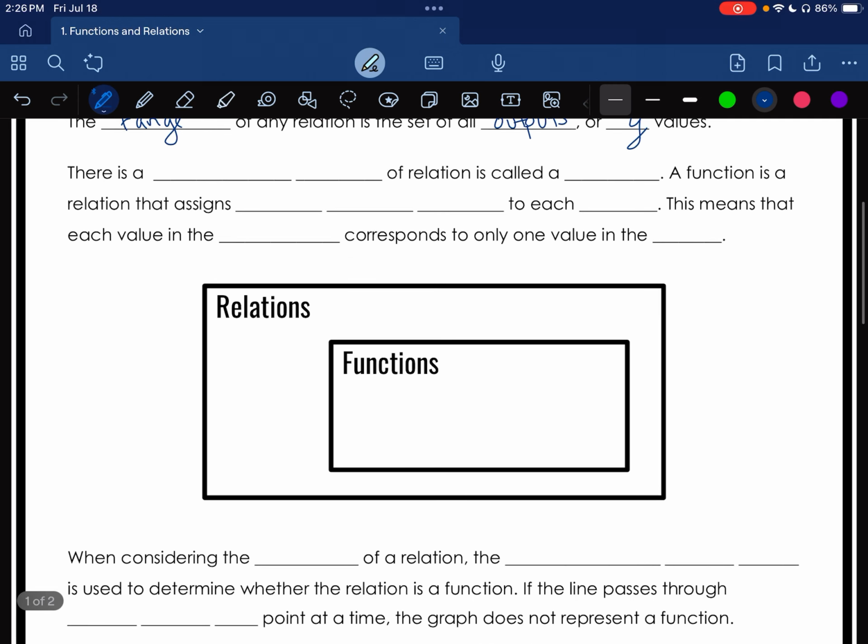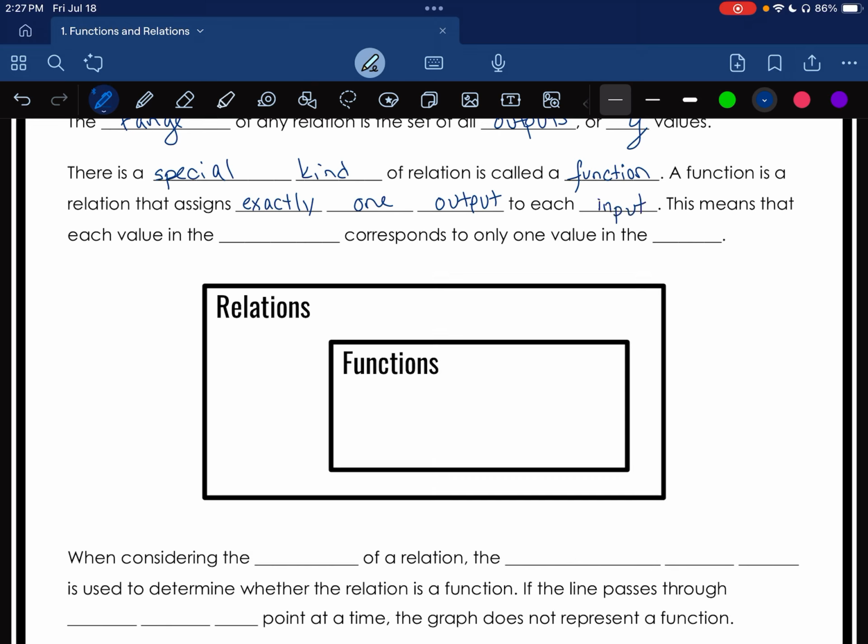Now, there's a special kind of relation that is called a function, and that's what we're going to focus on this chapter. A function is a specific kind of relation that assigns exactly one output to each input.